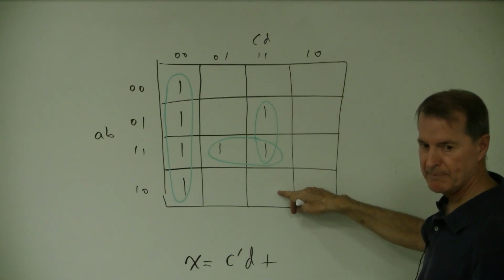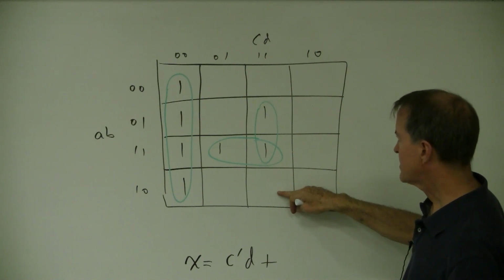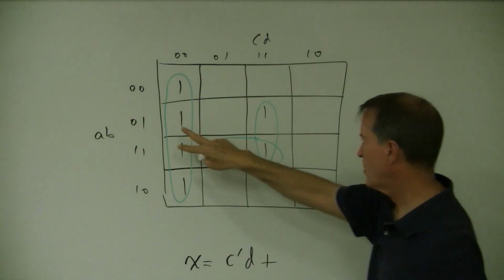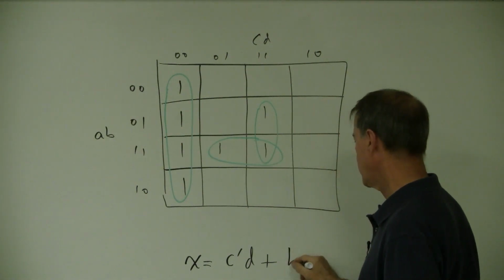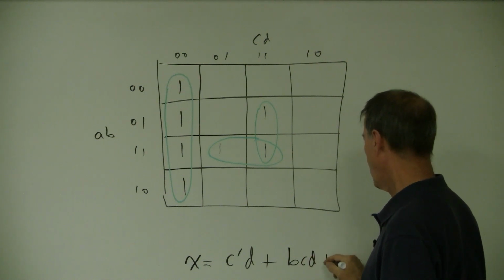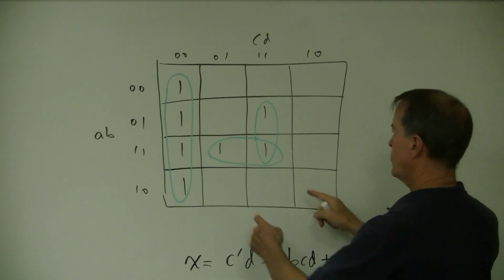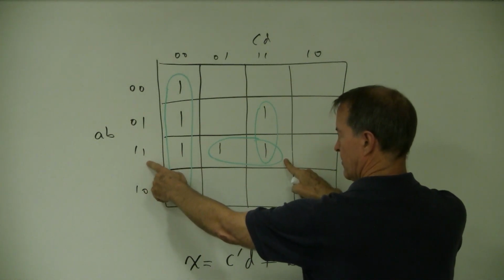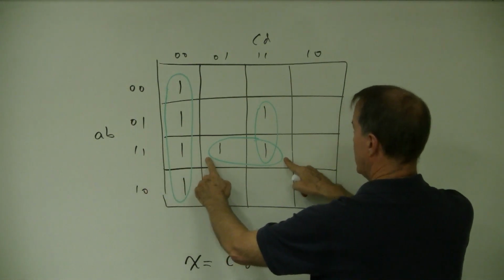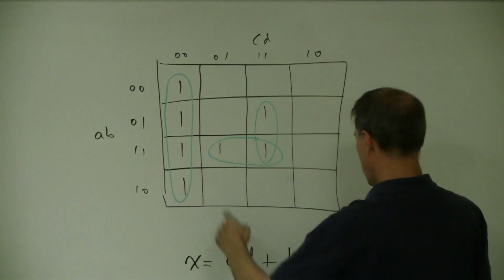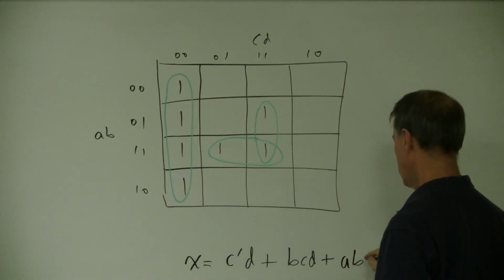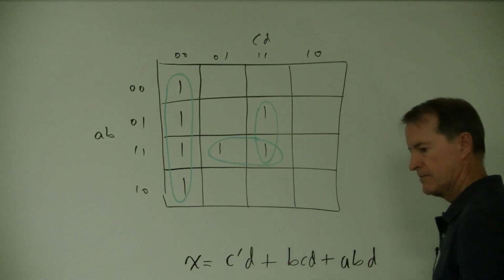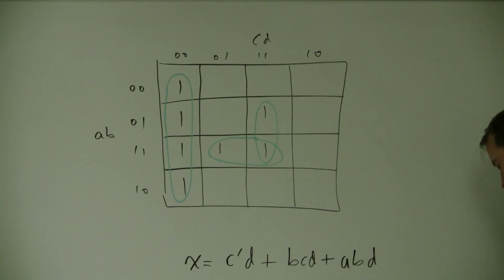BCD. So it's where B is 1. Yeah, so it's BCD. Or now let's do this grouping, which is row what? AB, right? ABD. So that's AB, and then where D is 1. So it's ABD. Is everybody clear? Okay.